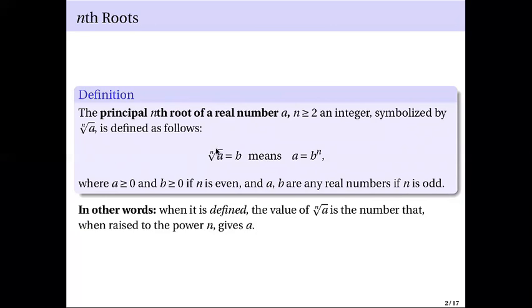So the value of nth root of a, which is b, is the number that when raised to the power n gives us the value a. So nth root of a equals b means that a equals b to the n.